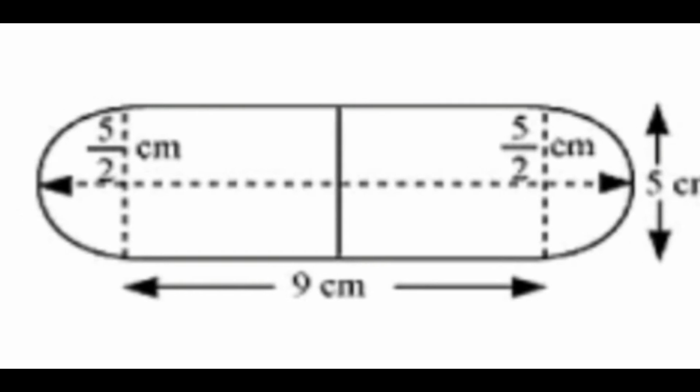Because the diameter, 5 millimeter, is subtracted for the hemisphere at both ends. So 14 minus 5 is equal to 9 millimeter. It is the length, and the radius of the hemisphere as well as the cylindrical part is 5 upon 2. Because the diameter was 5, so the radius will be 5 by 2. So let us see the solution of this question further.